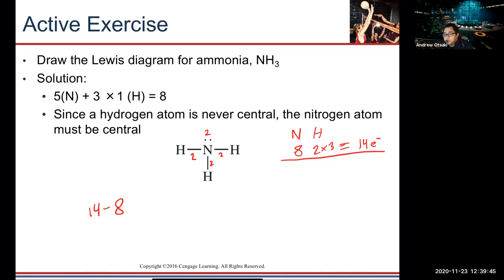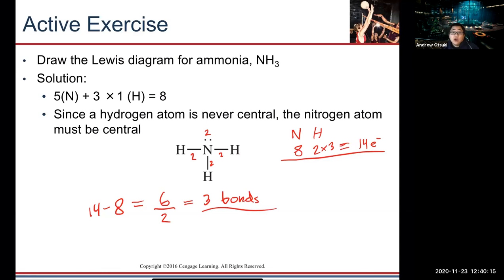So we take the ideal minus the actual number of valence electrons in the structure, and we can find out how many electrons should be in bonds. So 14 minus 8 is 6. Remember, there are 2 electrons per chemical bond. So we divide that by 2, and we get 3 bonds.